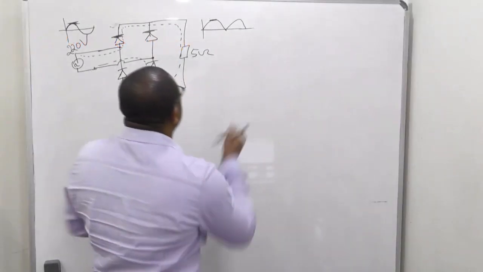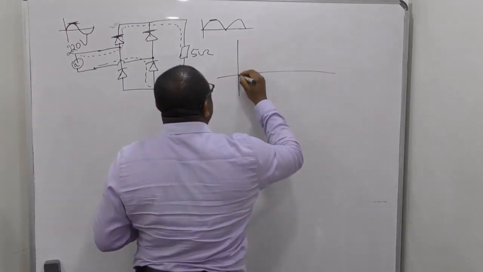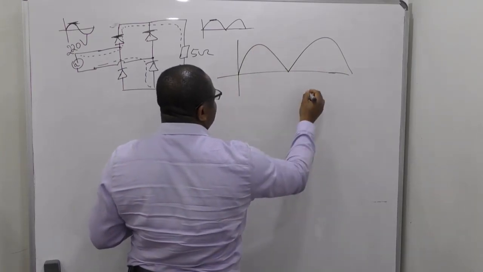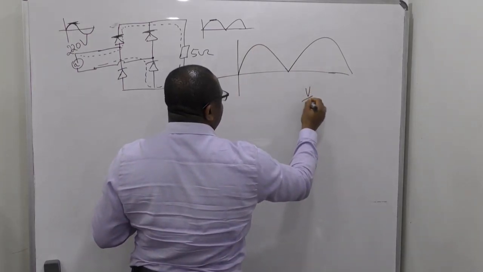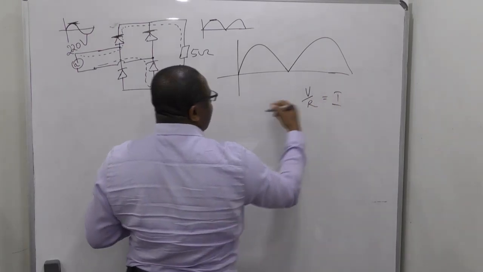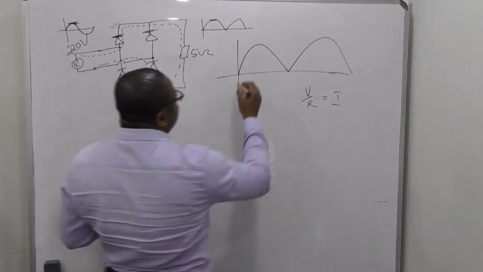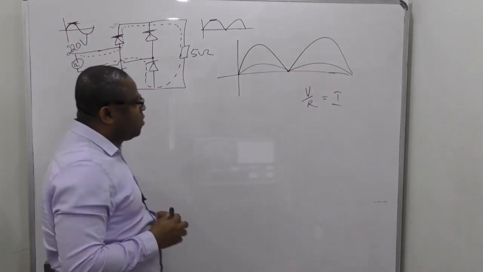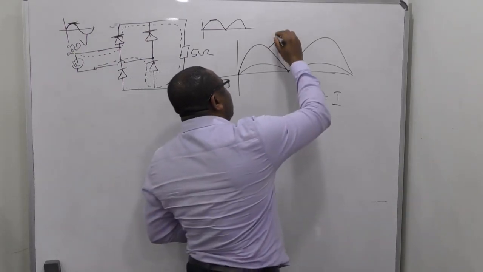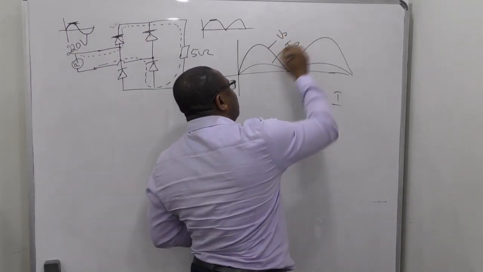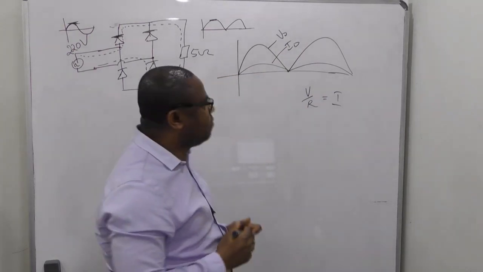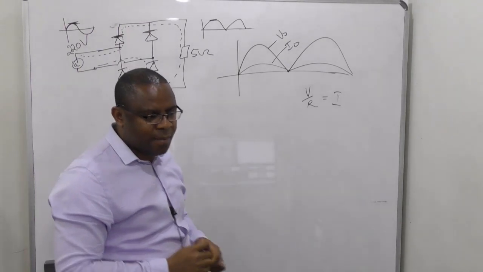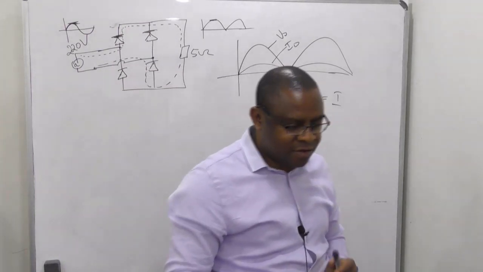Once you are able to get this voltage, and you divide it by resistance, V over R will give you I. So this is our VO and that is our IO. But this will look like this only if the load here is resistive. But if it is highly inductive, let's see.